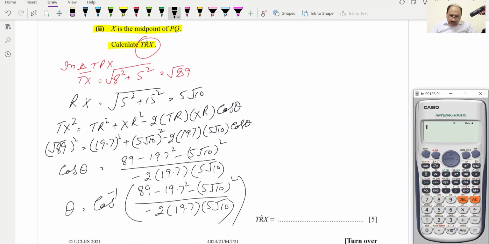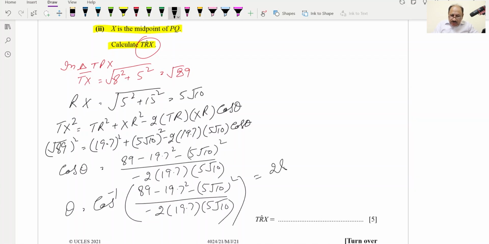So we write shift cos of the fraction: 89 minus 19.7 squared minus, in brackets, 5 root 10 squared, over minus 2 into 19.7 into, in brackets, 5 root 10, and this is equal to 28.18.